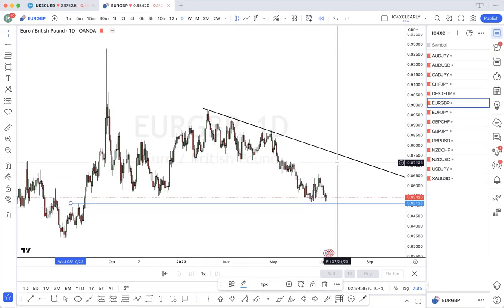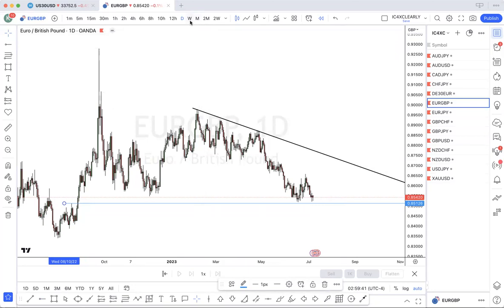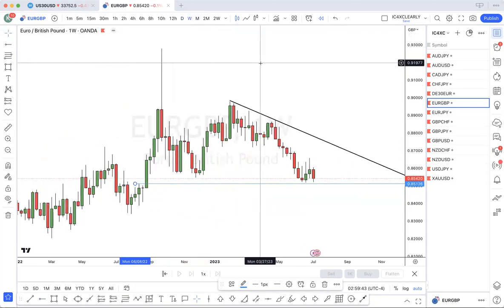Price could wick down and pull back. What did we say? We had a weekly bearish order block.